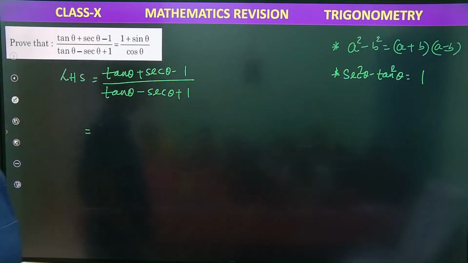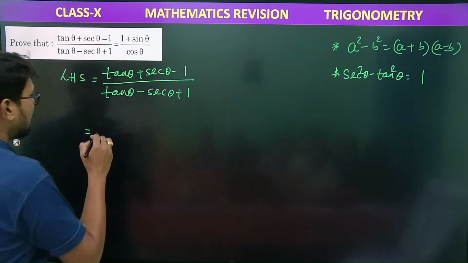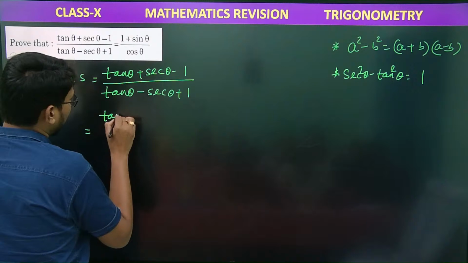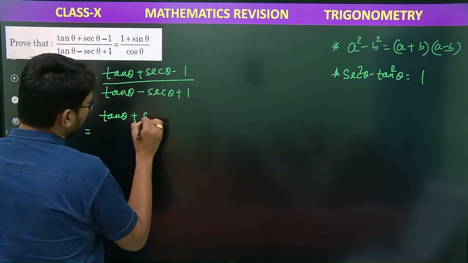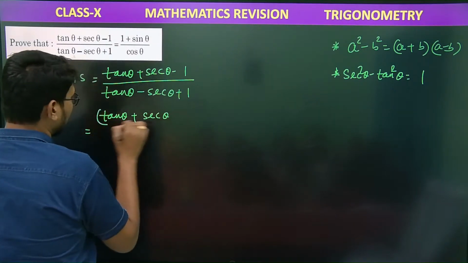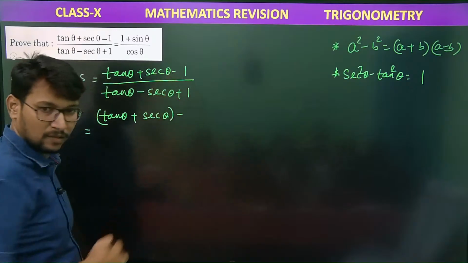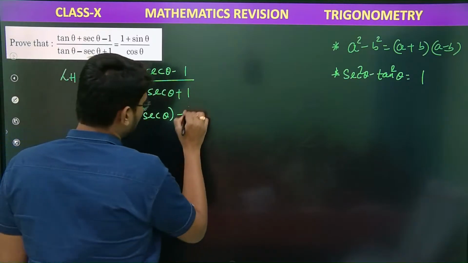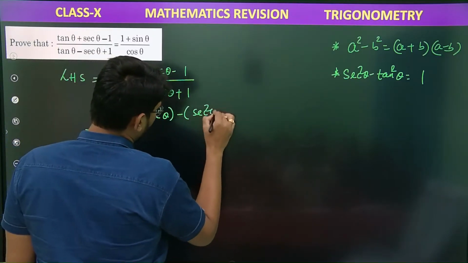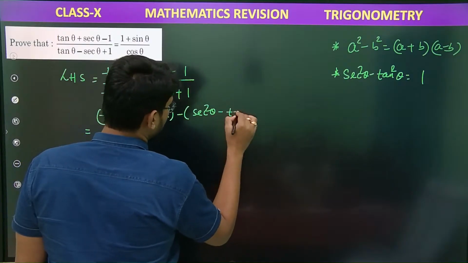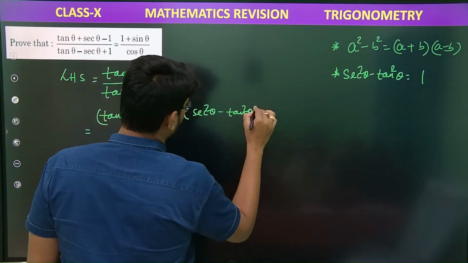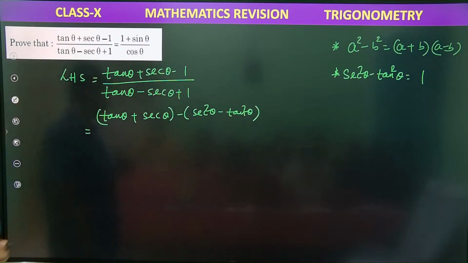Okay, look here, both of you. See, what did I say? You have to write tan theta plus sec theta minus 1. The value of 1 is sec square theta minus tan square theta. Clear? Okay.